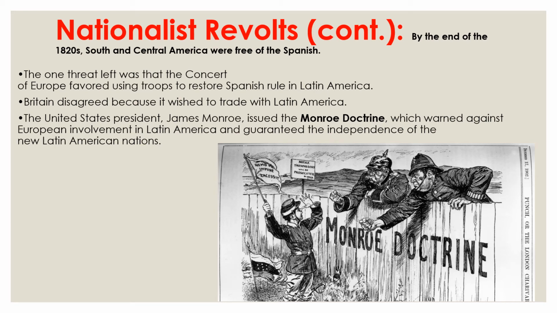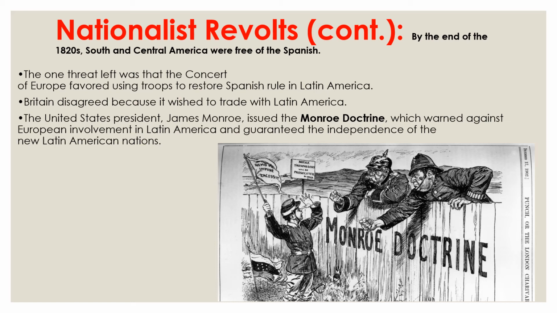The United States President, James Monroe, actually issued the Monroe Doctrine in this time period as well, which warned against European involvement in Latin America and guaranteed the independence of new Latin American nations. Now, this may sound like the United States was doing this in support of their Latin American neighbors to be free from European control because, of course, America is supposed to enshrine liberty, right? But in reality, the Monroe Doctrine was declared so the United States could have more influence over Latin America than the Europeans did.